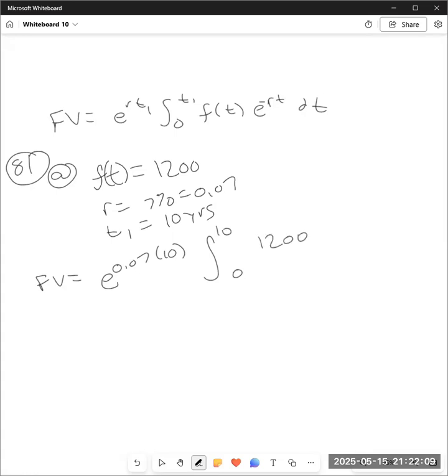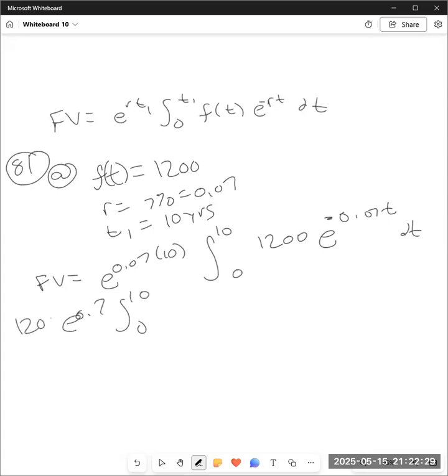0 to 10, 1200 e to the negative 0.07 t dt. So that's going to be e to the 0.7, 0 to 10.